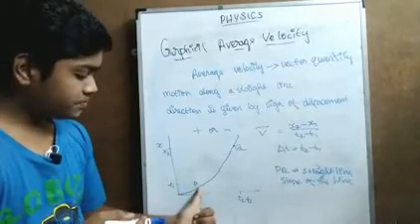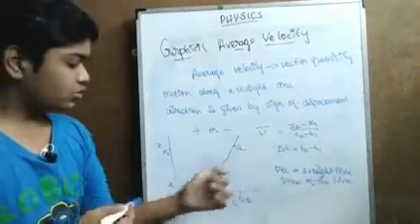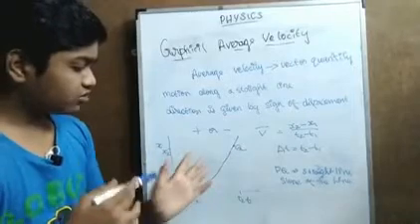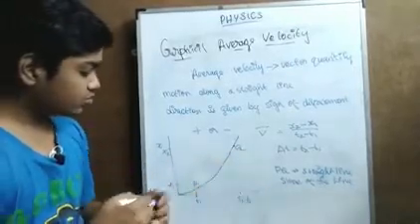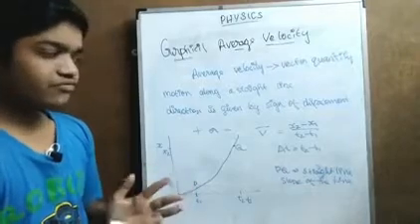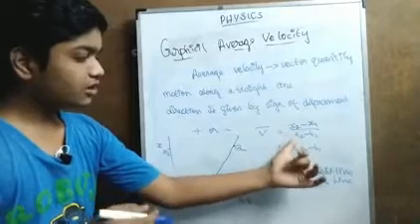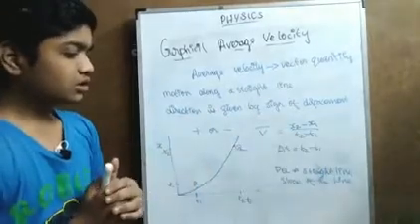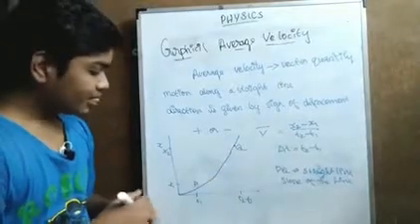Now the object is at P, and it moves to Q. We have to find the average velocity between P and Q. This can be found by v equal to x2 minus x1 divided by t2 minus t1, where del t is equal to t2 minus t1.